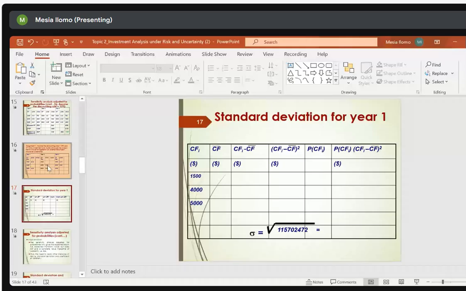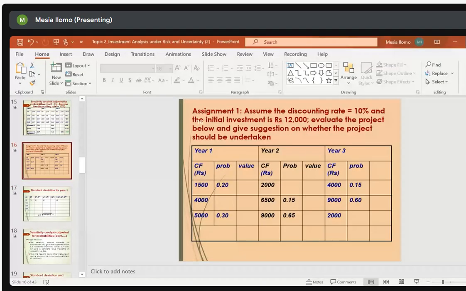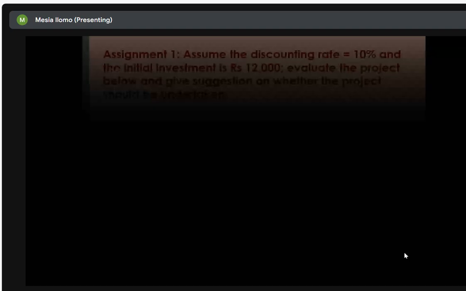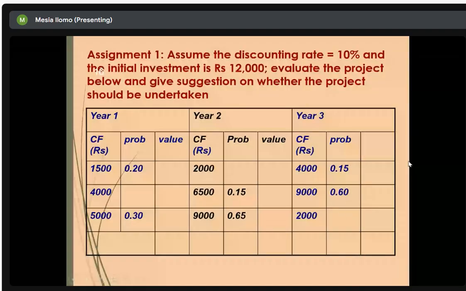The reference is here. So do it for year 1, year 2, and year 3. You can compute the standard deviation of the project after computing the standard deviation of each year first. So I give you 2 more minutes.